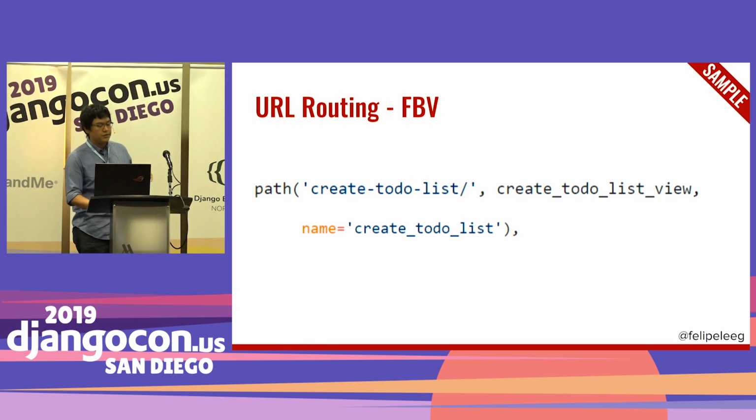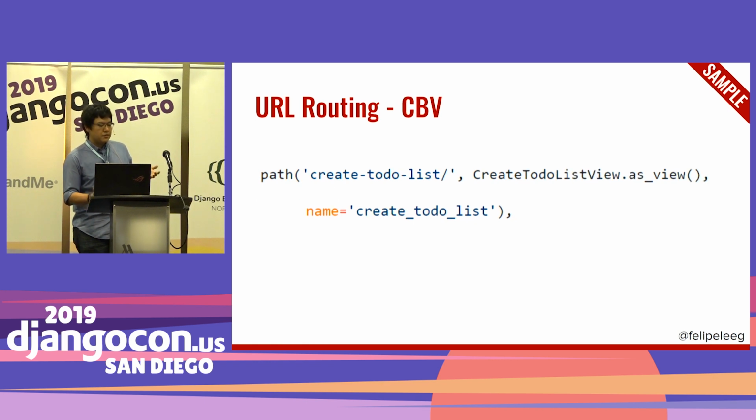You pass it the function, right, on the second argument. And the class-based view, you just do the CreateToDoListView.as_view(). And that's it. So generic class-based views are great in that they encapsulate a lot of logic that we repeat often. I'm sure you have to create instances all the time, so why would you want to repeat that type of view for all your models when you can just easily subclass CreateView?